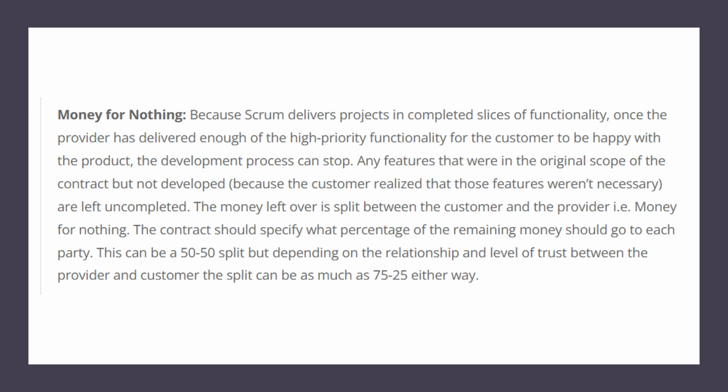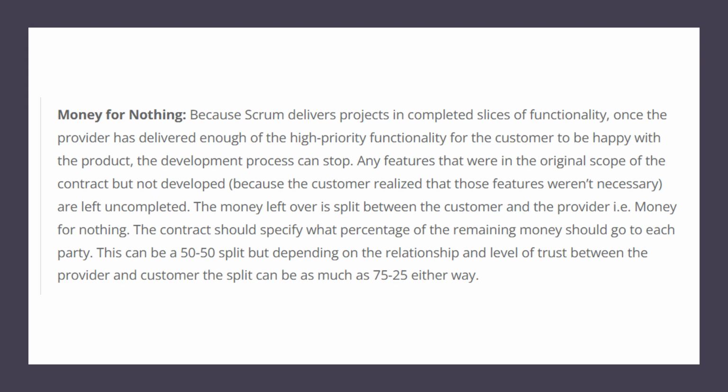Because Scrum delivers projects in completed slices of functionality, once the provider has delivered enough of the high priority functionality for the customer to be happy with the product, the development process can stop.